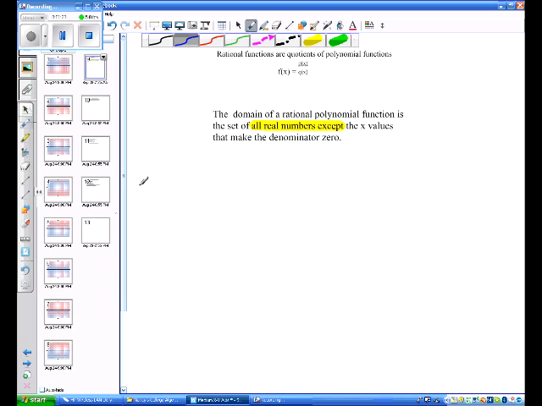If we have the rational function f of x equals x squared minus 9 over x minus 3, here we have a rational function. Our numerator is a polynomial and our denominator is a polynomial. So our domain is the set of all real numbers except the value that would make that denominator 0. We know that x minus 3 cannot equal 0, so x cannot equal 3.